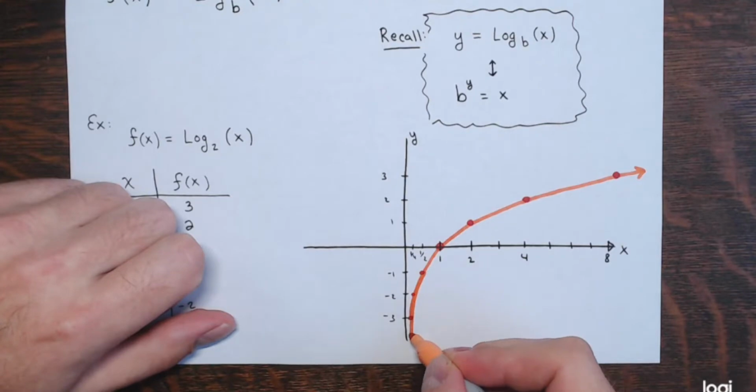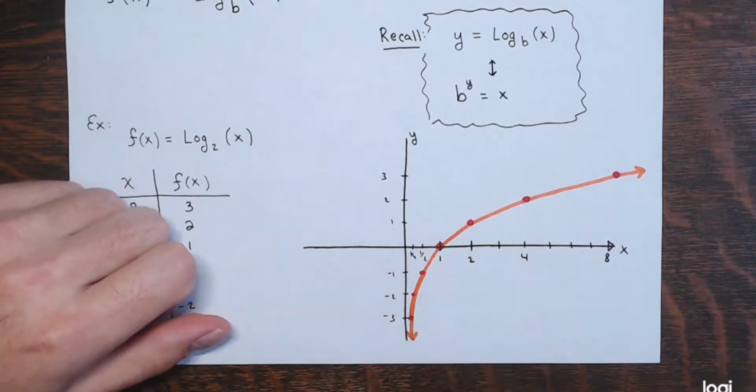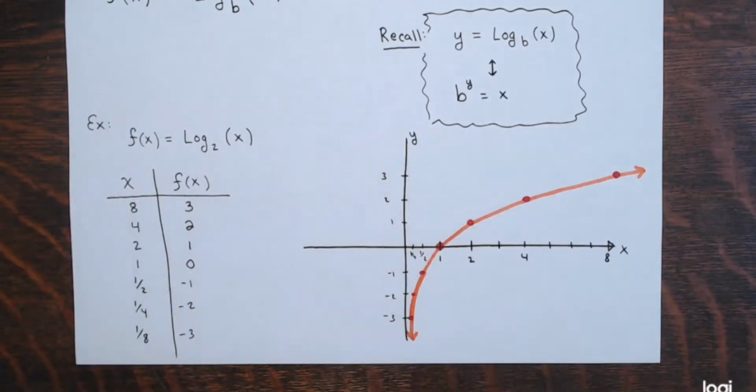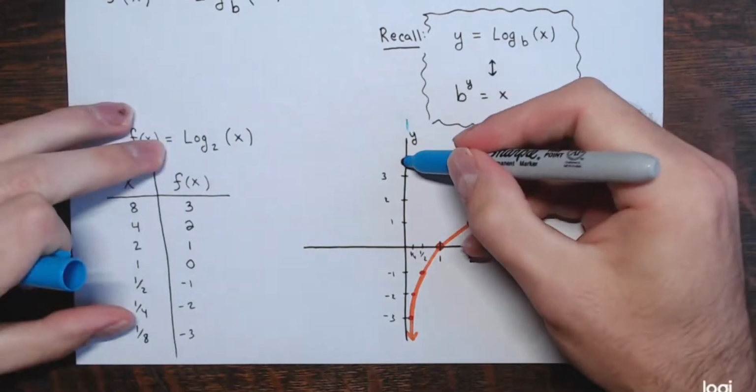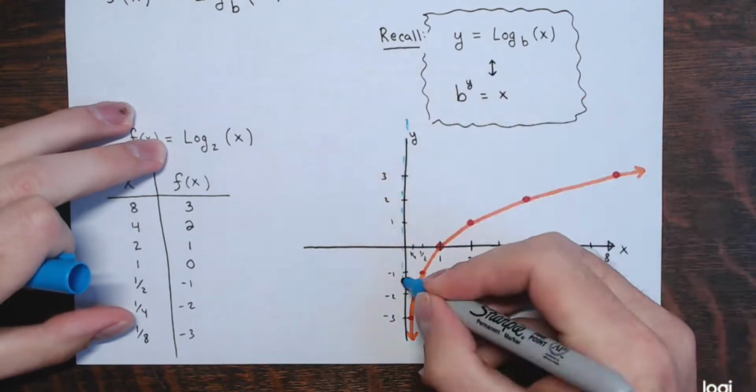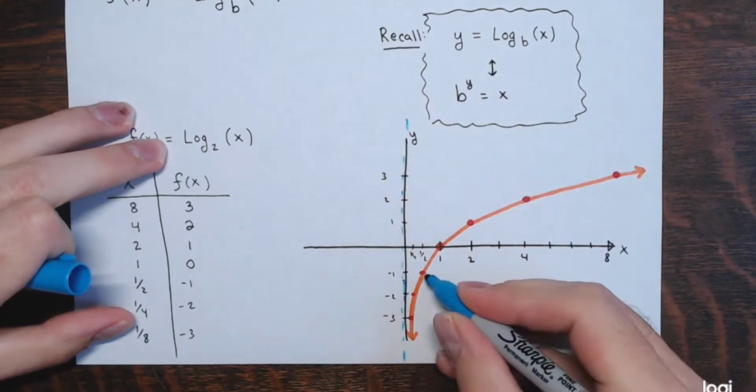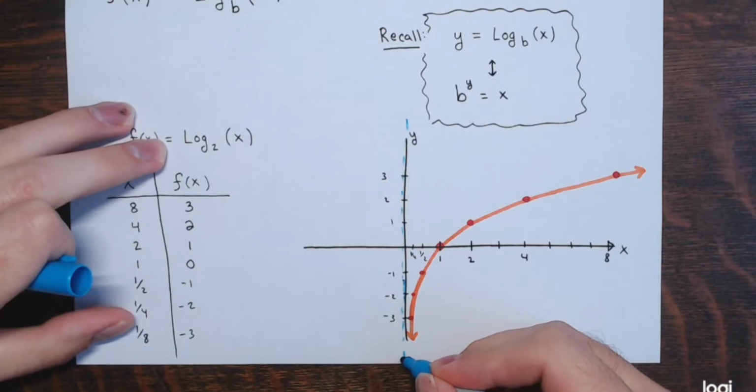But then notice that the entire graph would be to the right of the y-axis. The y-axis is never touched. The graph gets close to the y-axis, but never actually touches it.